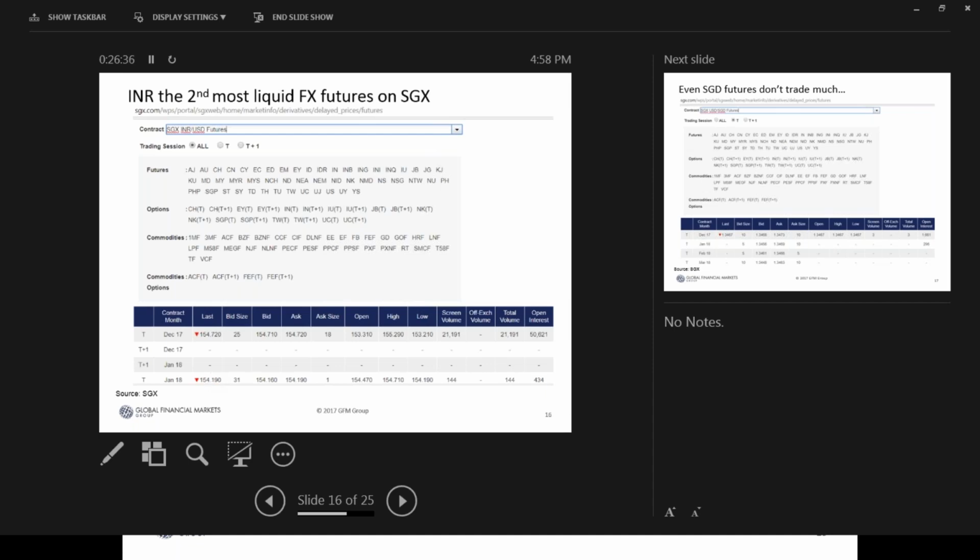You will notice that if you were to back out the effective interest rate on the Indian Rupee futures contracts, the implied interest rate is actually quite a bit lower than what you would get onshore in India. The difference can be explained by the fact that to earn an onshore India interest rate, you would actually have to go to India, convert into onshore rupees, and then pay Indian taxes on it, versus the offshore rate, which is basically completely outside the Indian banking system and completely outside the Indian tax system.